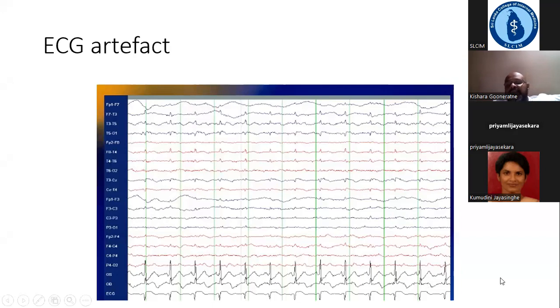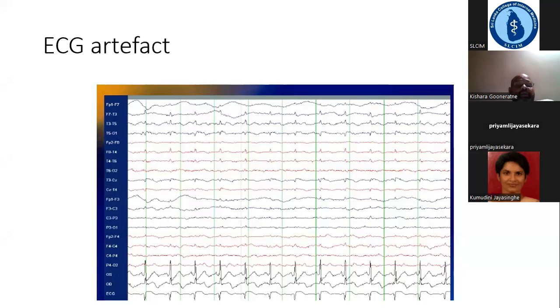Generally it is a requirement if we are doing a proper standard EEG that there should be an ECG lead as well, to try to circumvent certain problems in interpreting the EEG.